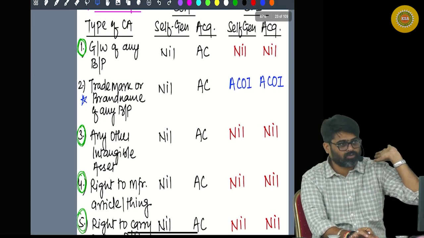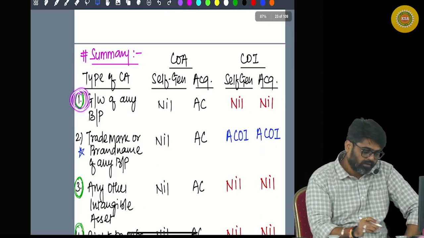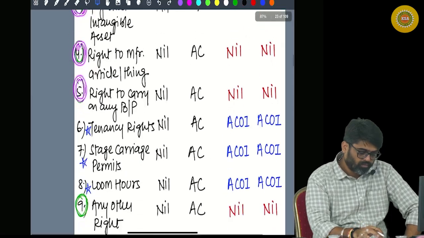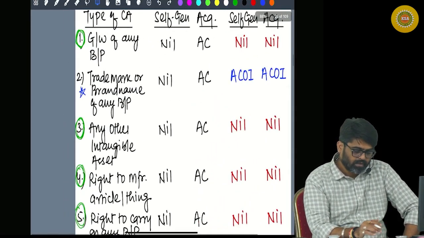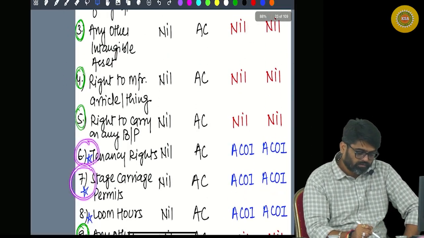This table you are supposed to remember. See, 1, 3, 4, 5 and 9, and 2, 6, 7 and 8.